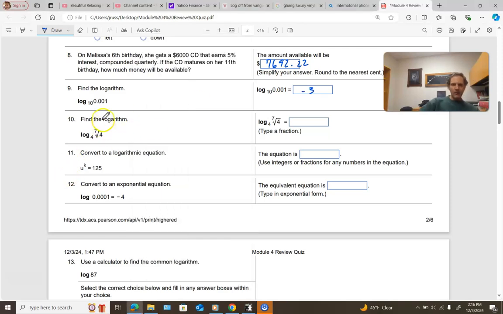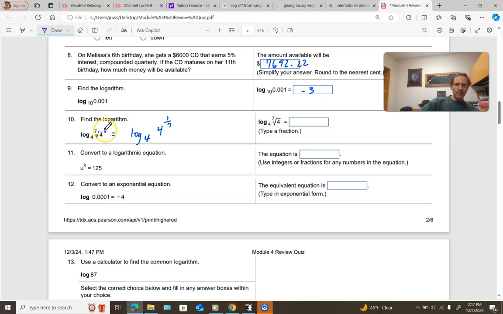And then this one here, what you could do here is realize that you've got log base 4. You remember, you can convert any radical into an exponential expression. This little 4 has a little understood exponent of 1, so this is really the same as 4 to the power of 1/7, okay?